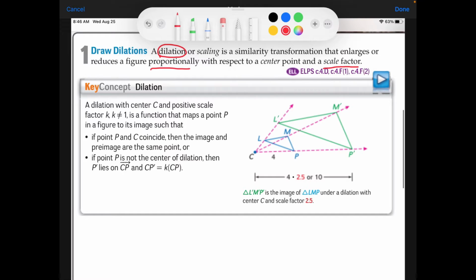Proportionally, right? The Hot Wheels still looks like the actual vehicle because it was reduced proportionally with respect to a certain point. So in this picture we have point C, and the best way that I can explain this point is, if you've ever been in a dark room again, we used a flashlight, right? Let's say that we have a flashlight here and we turn it on.